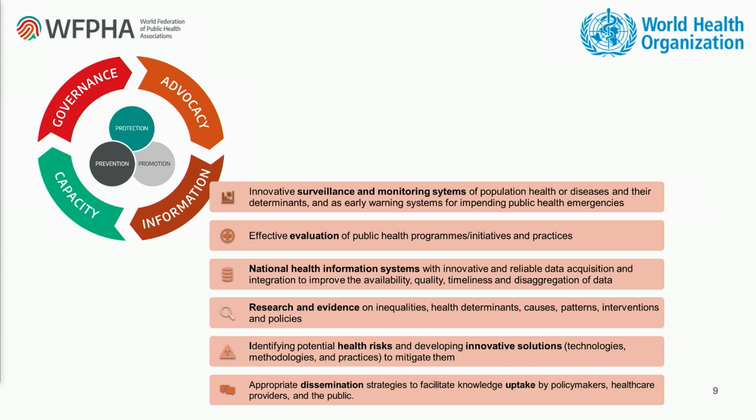The health systems are expected to provide innovative surveillance and monitoring systems for populations, effective evaluation of public health programs, to create national health information systems with innovative and reliable data, to develop research and evidence on inequalities, health determinants, patterns, interventions, and policy, identify potential health risks, and develop innovative solutions to mitigate them, and also to appropriately disseminate strategies to facilitate knowledge uptake by the policymakers, the healthcare providers, and the public, meaning the public health stakeholders.